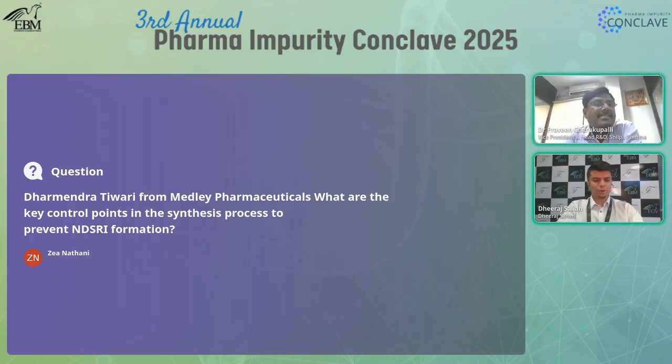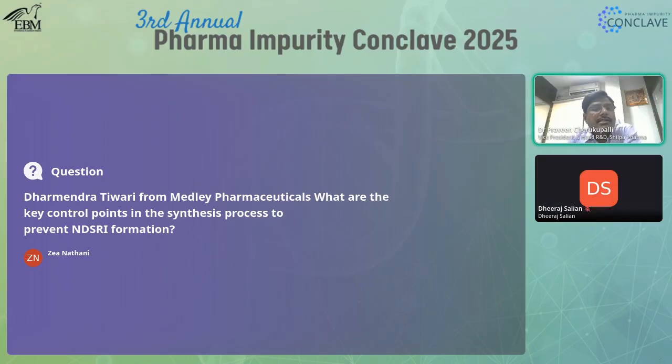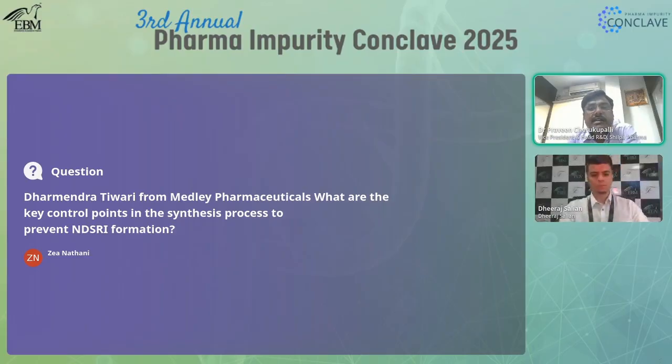What are the key control points in the synthesis process to prevent NDSRI formation? Now, this is from two perspectives. First is the API perspective. In the API, the reagents or the process should not have any nitrating reagent when NDSRI possibility is there.